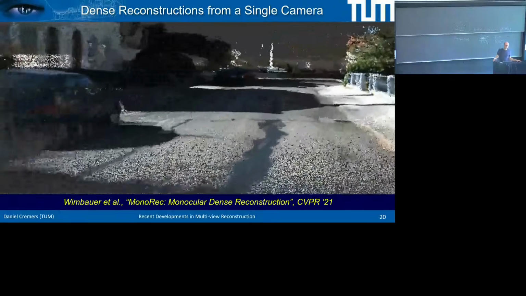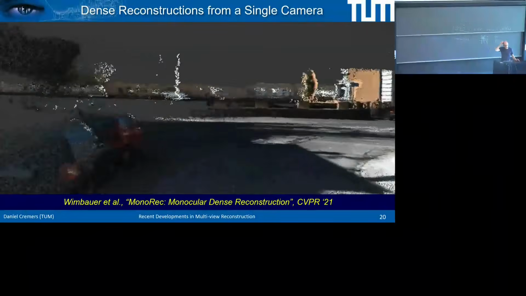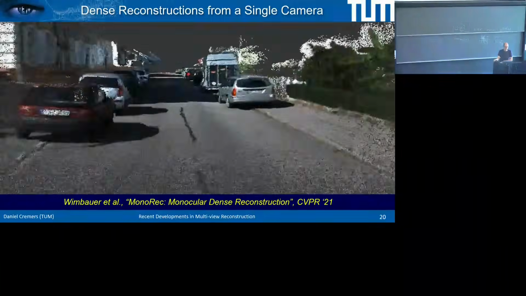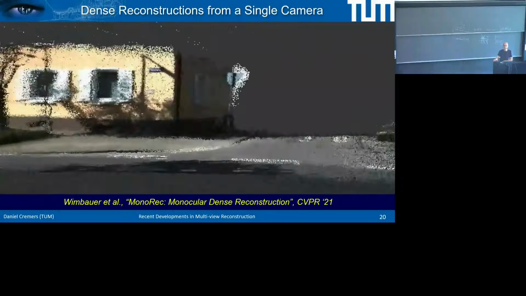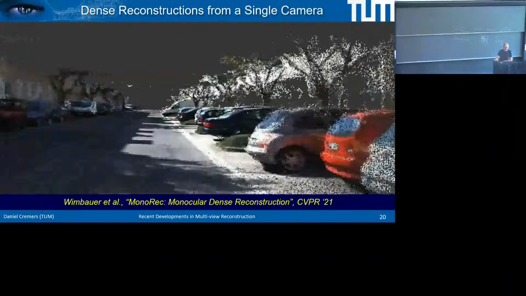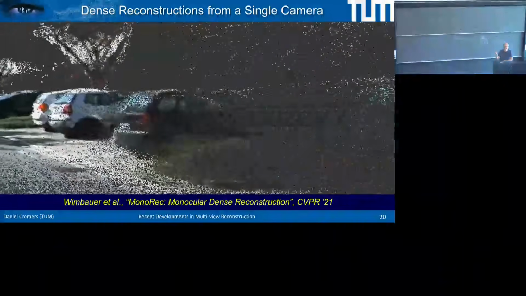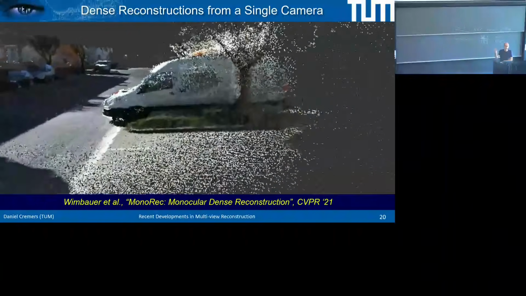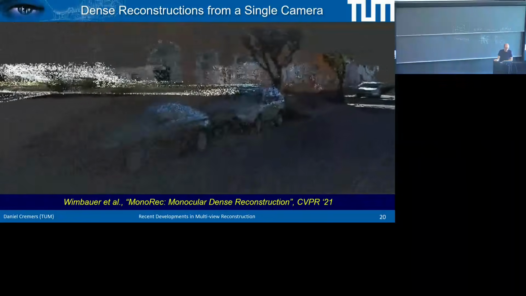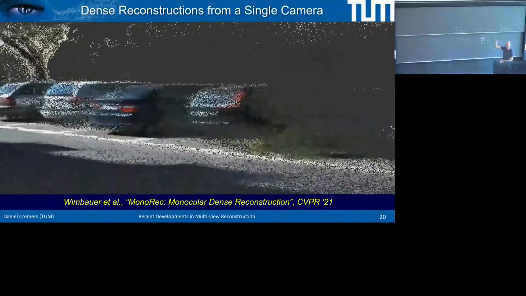And here again you can ask, how precise is this reconstruction? I don't think it's as precise as a LiDAR point cloud, but the point cloud is much more dense. It's a colored point cloud, so we can actually recognize things. That's much harder in LiDAR point clouds, where you see points but you don't see what you're looking at. If you have a stop sign, you can scan it with a LiDAR.